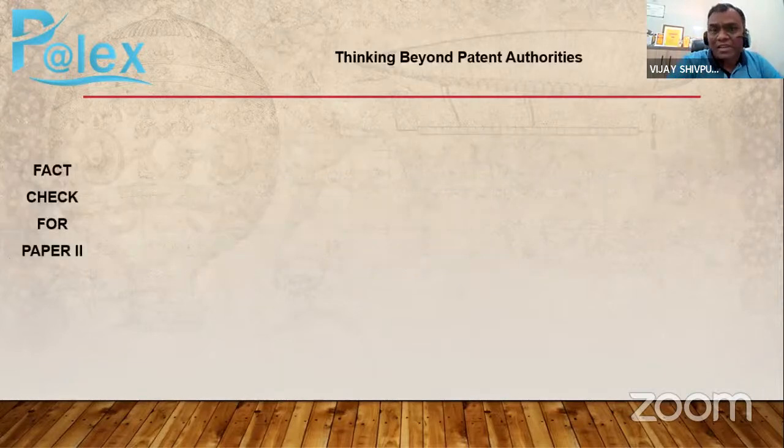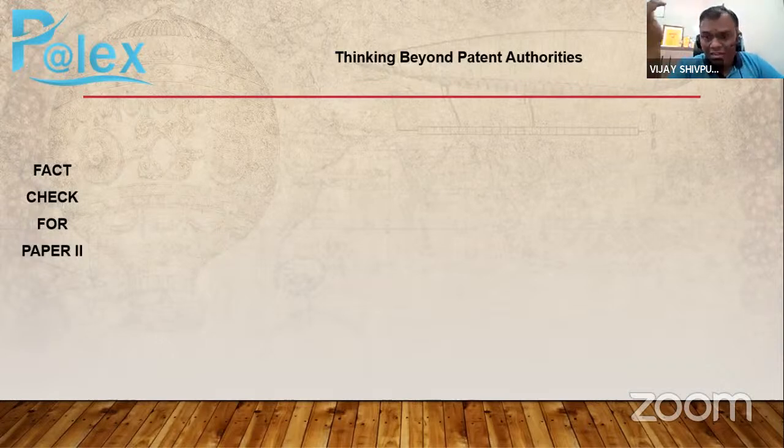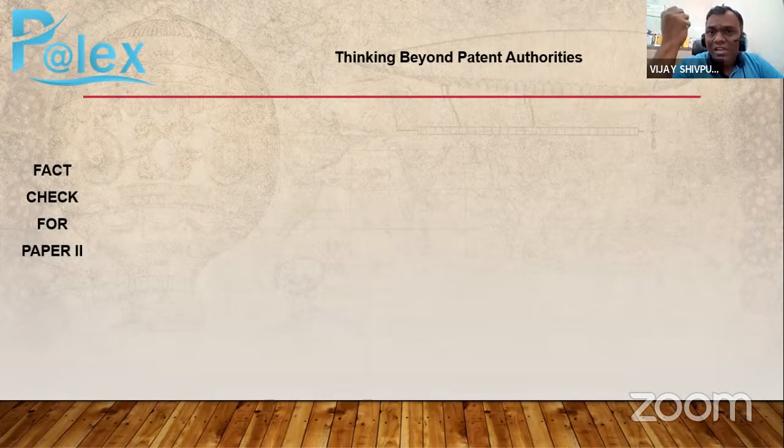Now I have another fact check for Paper 2. We know the Patent Act is generally about the Indian Patent Office, which is part of the Ministry of Commerce and Industry. But there have been a lot of questions thinking beyond the patent authorities or the patent office.